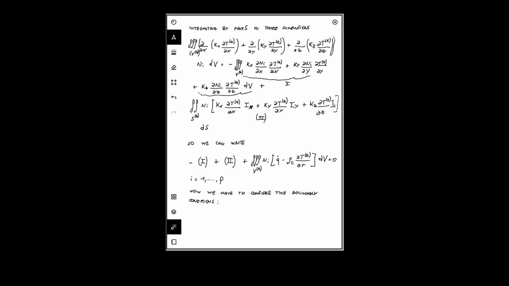Boundary conditions are, on S1, the first boundary condition, T equal to the specified value. On S2, kx dT/dx lx plus ky dT/dy ly, this is an error, we don't have the plus but a multiplication, plus k zeta dT/dzeta l zeta equal to minus q0.